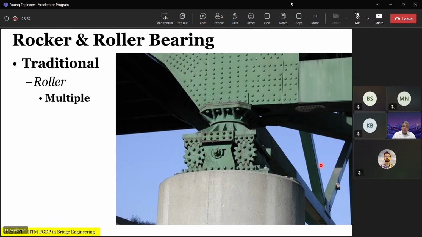Okay. Then you also have different kinds of roller bearings which prevent these rollers from free sliding. So they have grooves and you see them in old steel bridges, but many of these bearings you may not be able to see in India because we don't have too much steel construction.